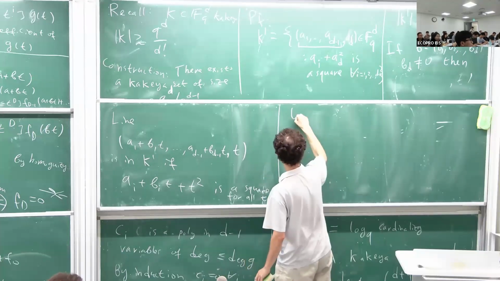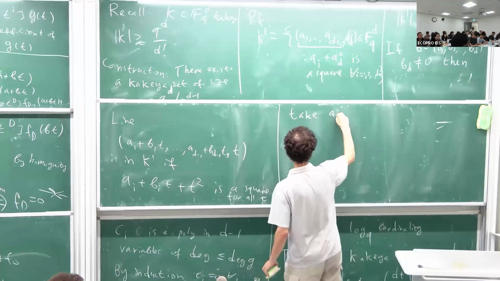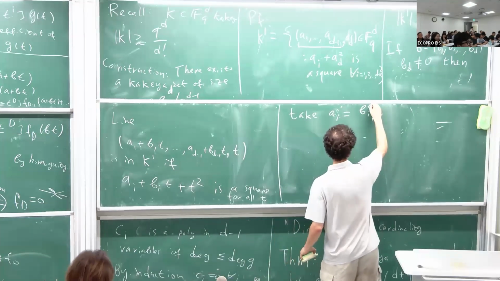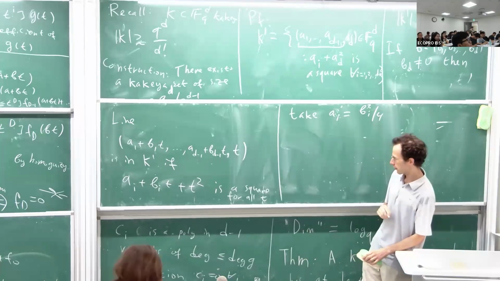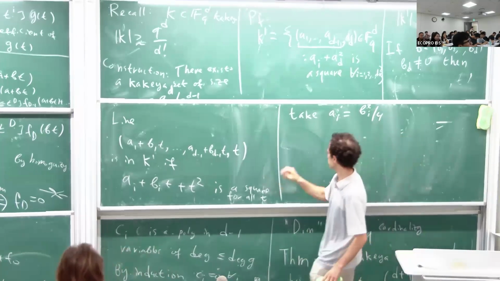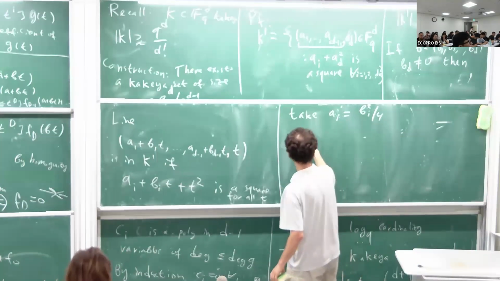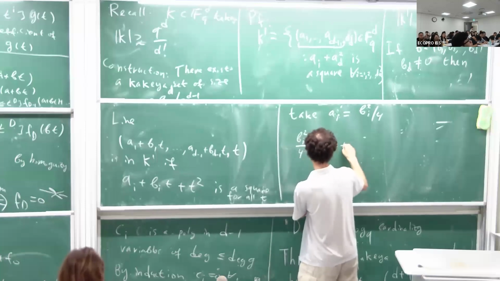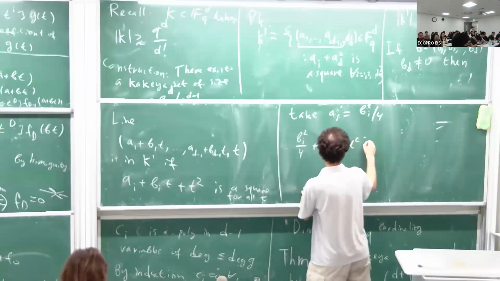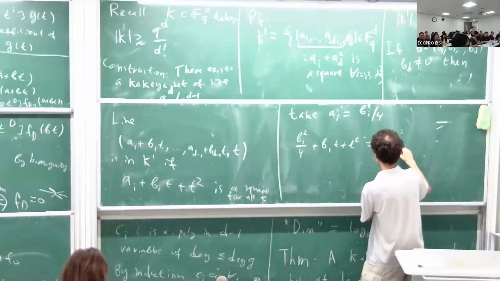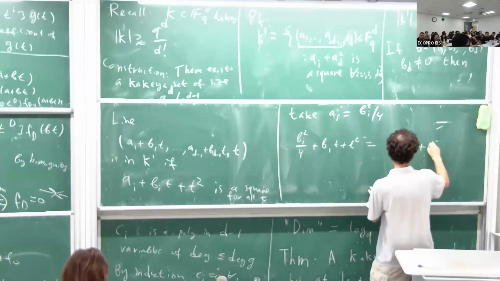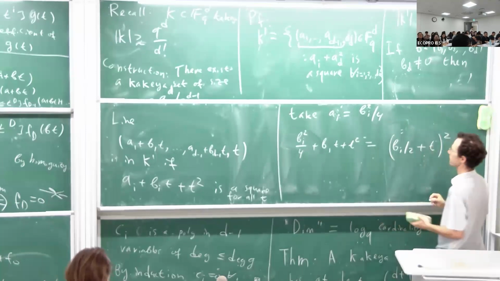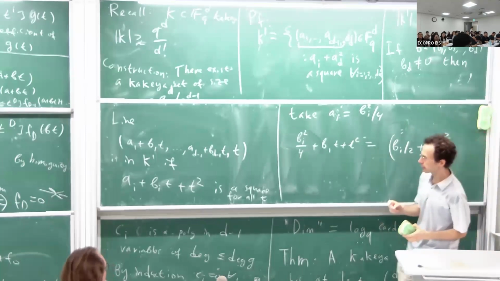So we are going to take a_i to be b_i squared over 4. That way b_i squared over 4 plus b_i t plus t squared is equal to b_i over 2 plus t, squared.